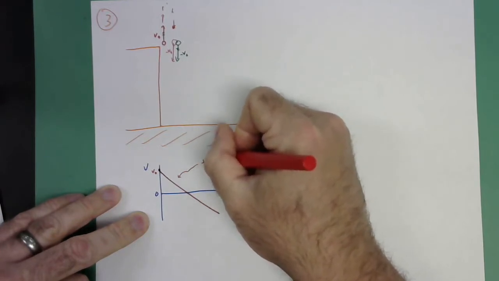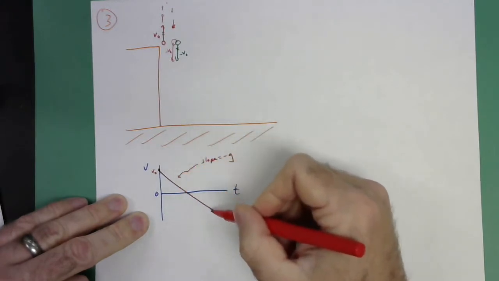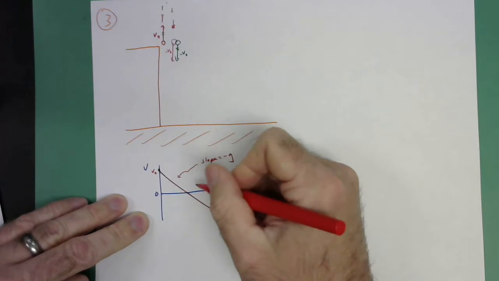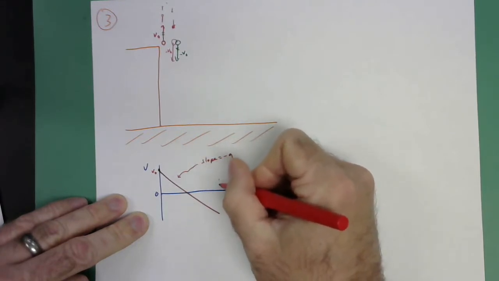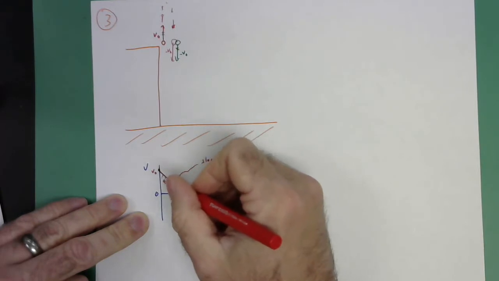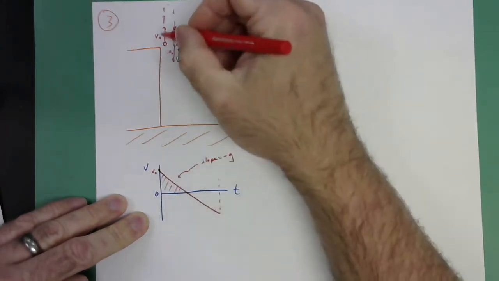So we know the slope of this is negative g, right? And it's a constant slope because it's a constant acceleration. And because of that, there's this huge amount of symmetry here. We know that, what's that? That's the displacement up to the peak.